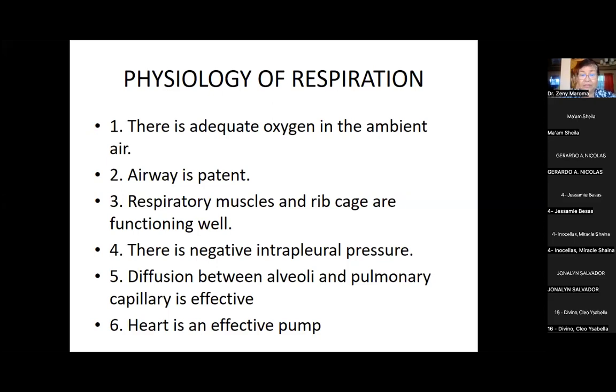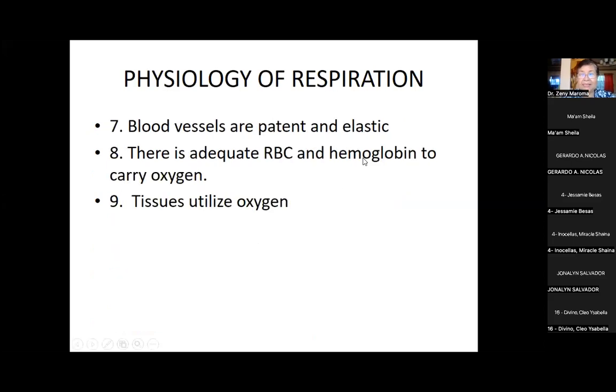And six, of course, the heart is an effective pump. Na inaral natin last week, the right ventricle pumps blood to the lungs for gas exchange, while the left ventricle pumps blood to the aorta to systemic circulation so that oxygen will be transported to all body cells, and in return, carbon dioxide will be removed from the cells.